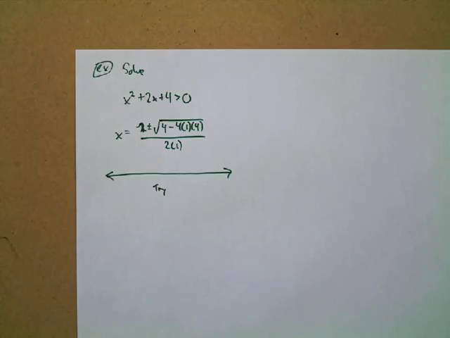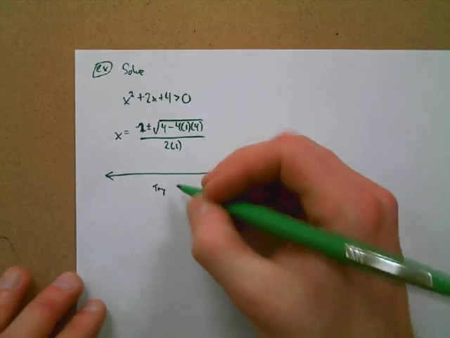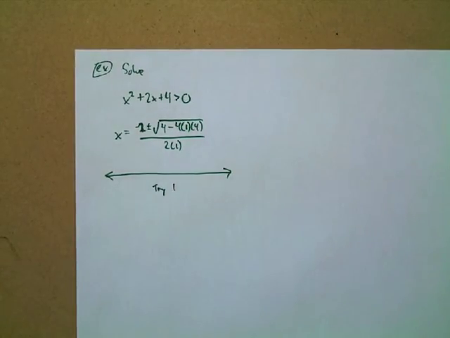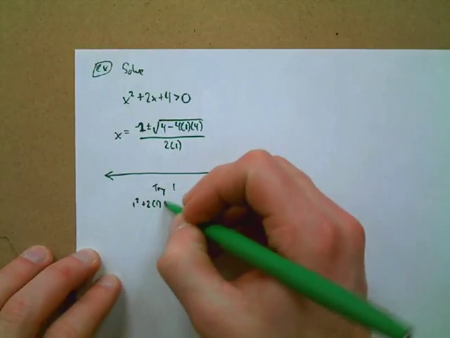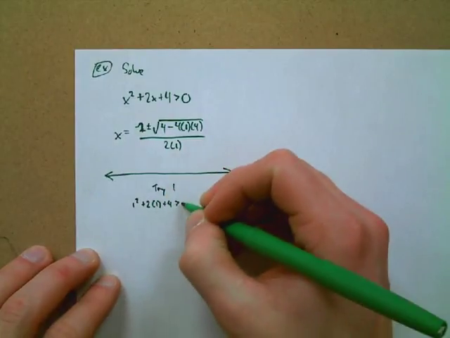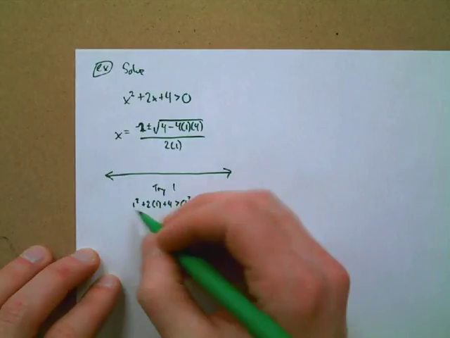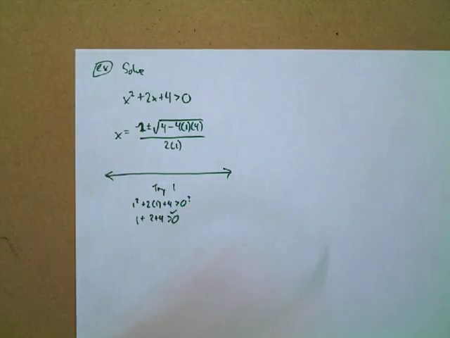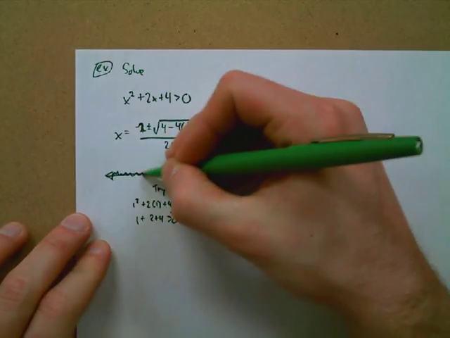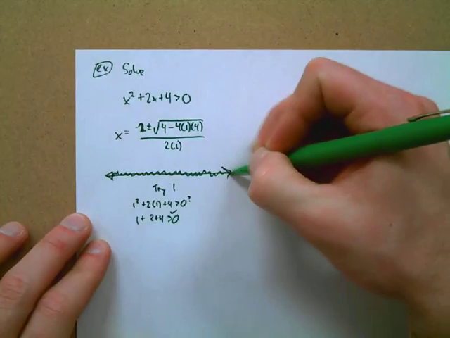That's what we want to know. So we get 1 plus 2 plus 4. It's greater than 0. That means the entire number line works. Any number you pick, if you plug it in for x there, will be greater than 0. There was no boundary, there are no intervals there. It's all one interval. The whole number line is the solution.